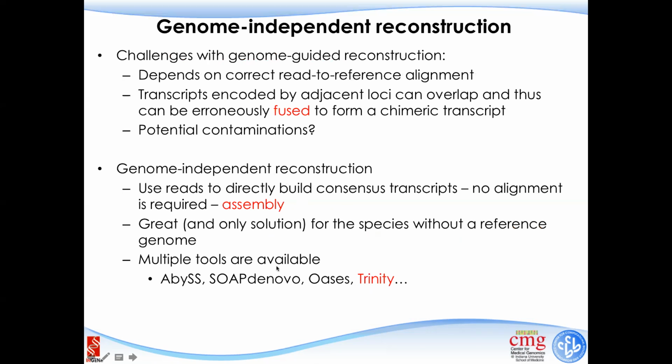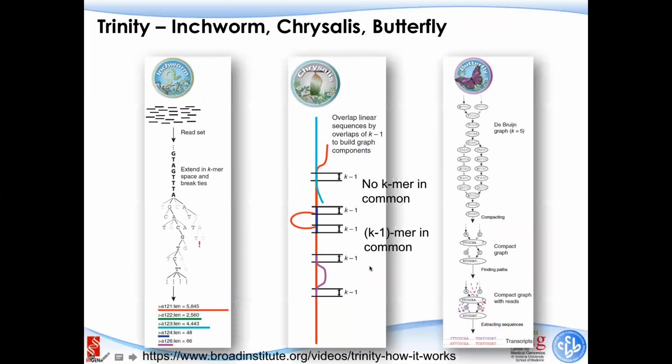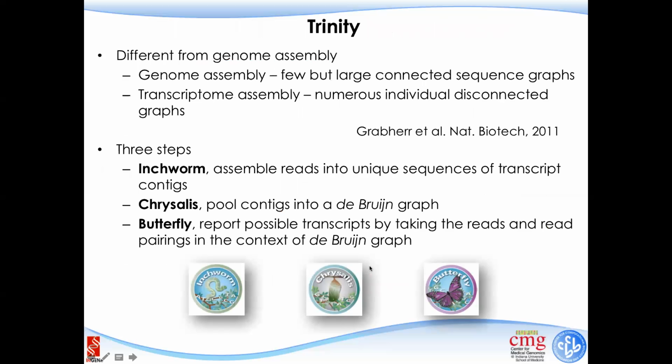There are several tools, and I will introduce the idea of Trinity. For transcript assembly, the most different thing from genome assembly is that the lengths are short, but there are large connected graphs.